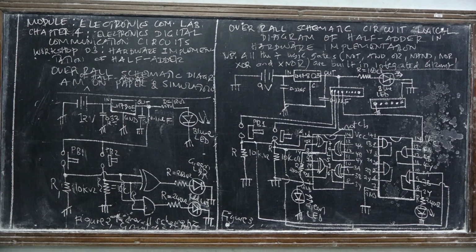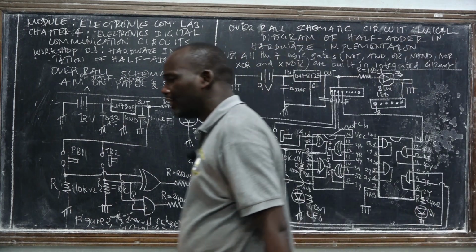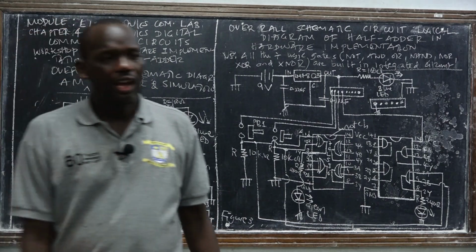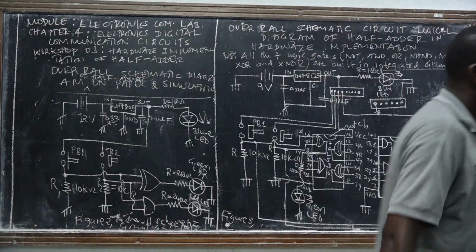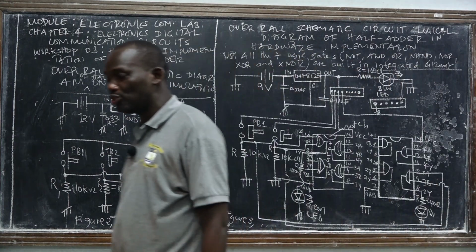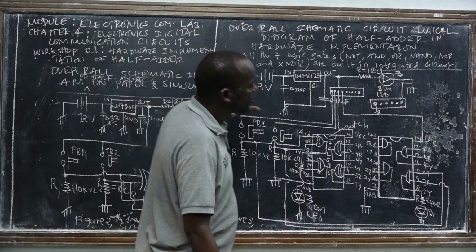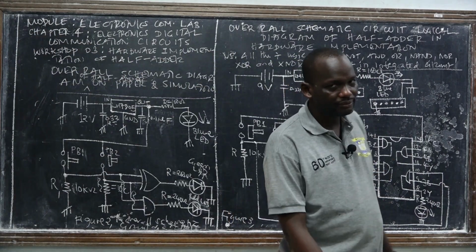And in workshop 7, the RF transmitter, especially the 433 megahertz RF transmitter and the 433 megahertz RF receiver. So I would like to invite you to join us to enjoy the beauty of digital electronics communication engineering.